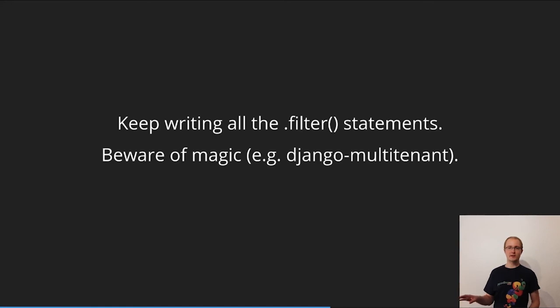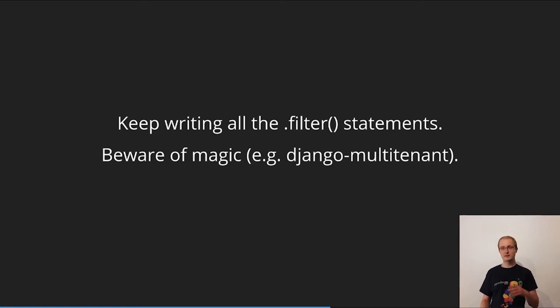There are packages out there like Django multi-tenant which will do this for you magically. You activate tenant and they provide you with a model-based class that injects into your models and model managers and automatically only returns the correct statements, which can be convenient, but I would say it might get really dangerous if you get used to the fact that everything is done for you and then you're in a weird place down below in the stack where it doesn't do everything for you and then you forget the query again.